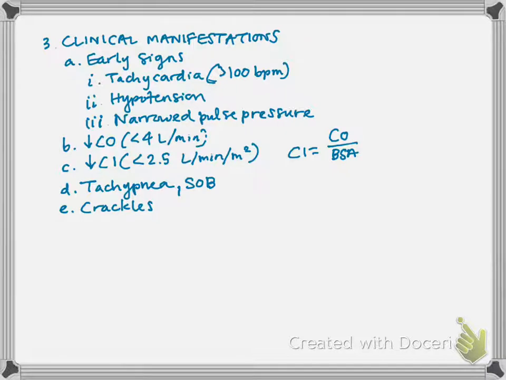Most other shocks, you're going to see those being low. But in cardiogenic shock, all that fluid's backing up and it's not being pushed forward, so it's just sitting there with that hydrostatic pressure just pushing against the ventricles. So we have an increase in PAWP and an increase in CVP. Especially if those ventricles are non-compliant, those pressures are going to be really high.